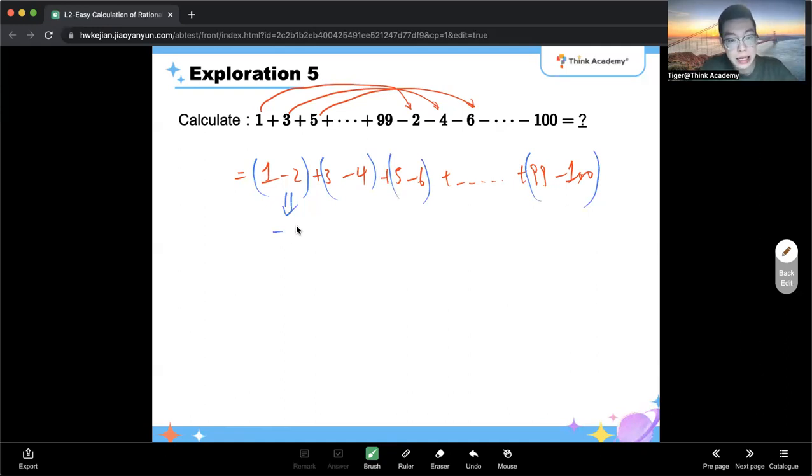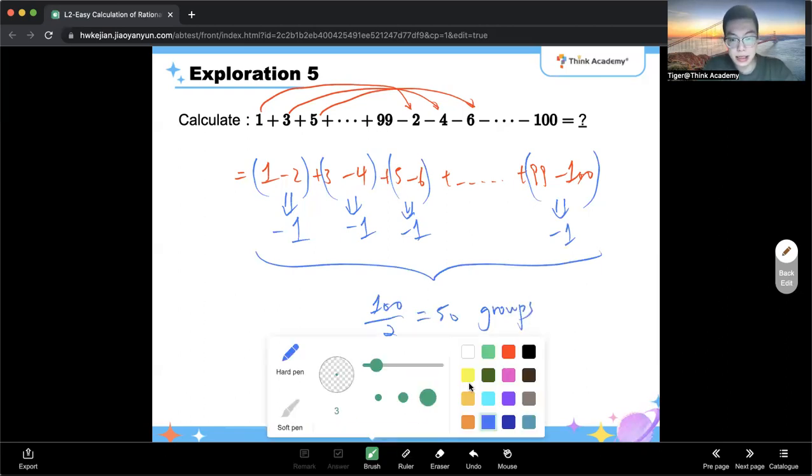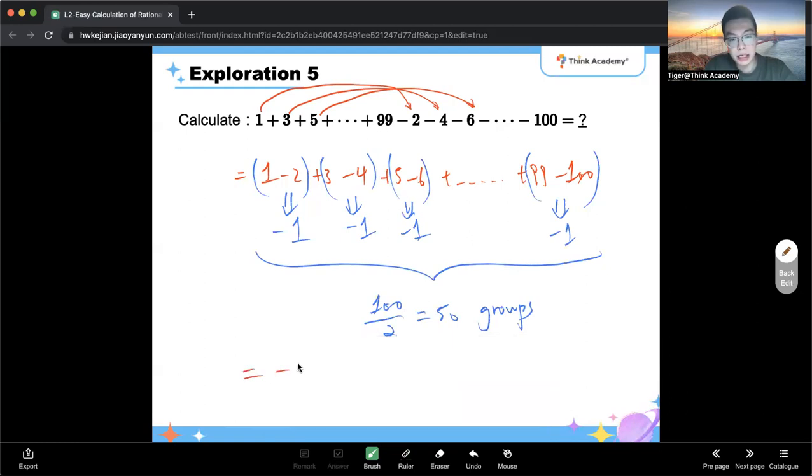Each group has a sum of -1. And how many groups do we have altogether? Well, we have 100 numbers, and then there are 2 numbers in each group. So we have 50 groups altogether, right? Which means that the answer is going to be equal to -1 times 50, which is -50. Easy, yeah?